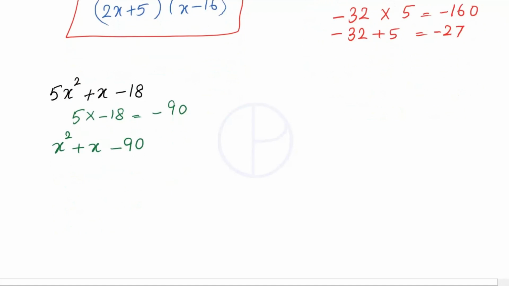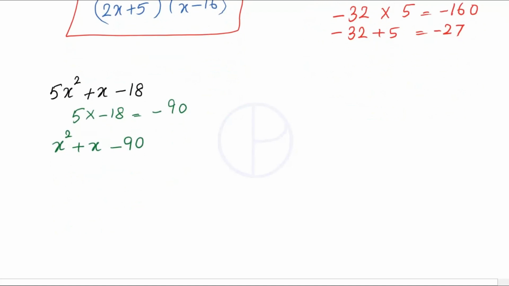Let's factorize this. Since the last term is negative and the second term is positive, one will be positive, another will be negative. So the bigger number will be positive because the second term here is positive, and the smaller one will be negative.